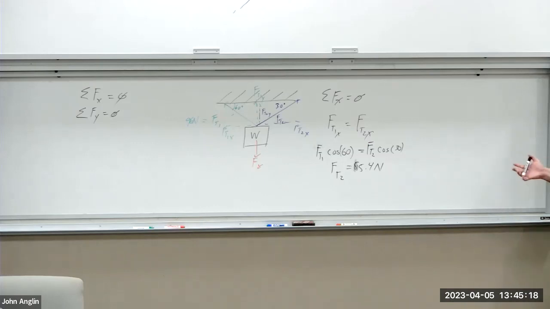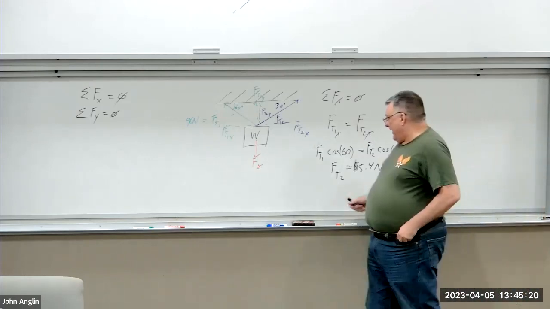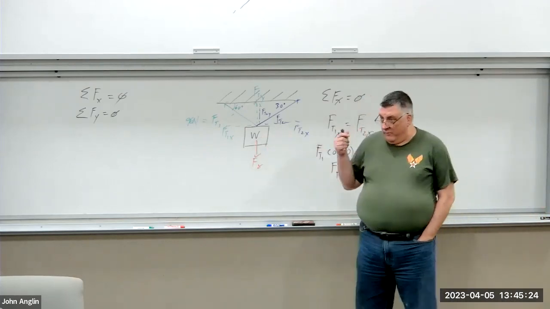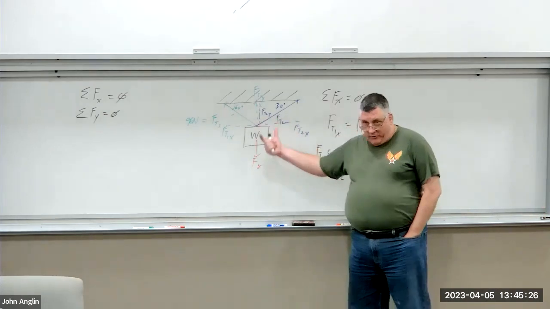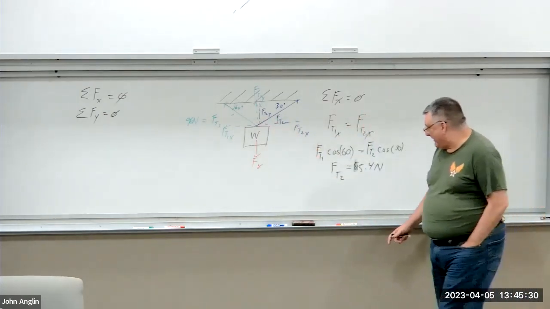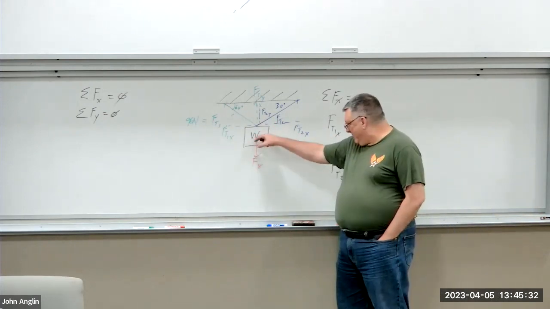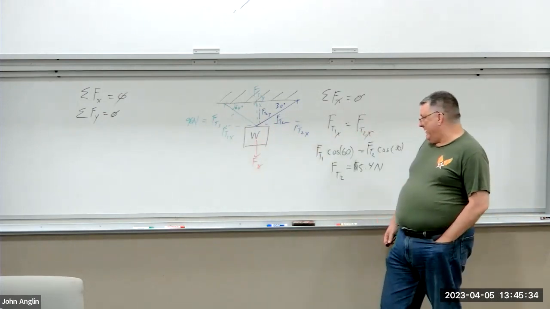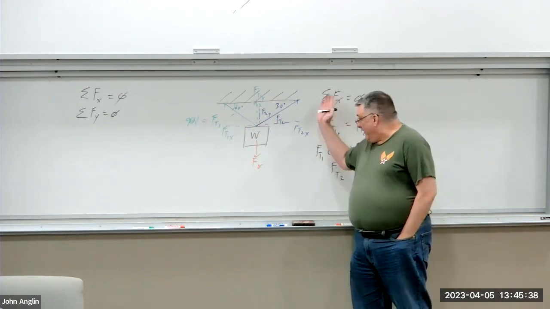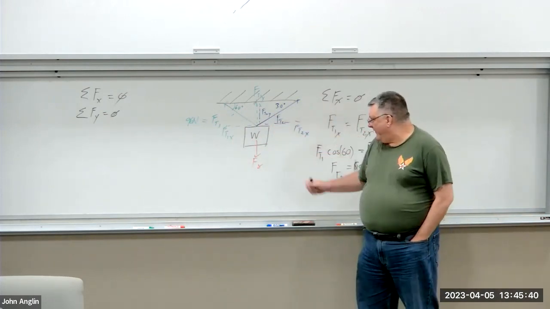So what are we trying to find? I need to know the weight of this thing, right? We're assuming that this whole thing is in equilibrium. So in order to get this weight, this F sub G, we have to know something about all of the system.